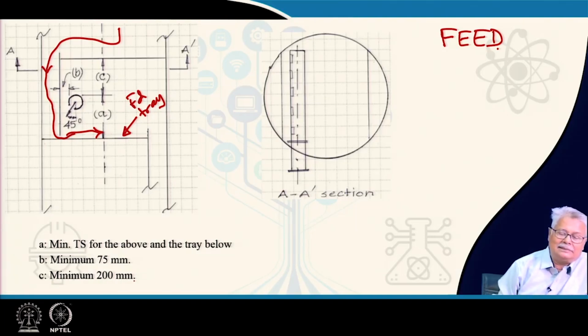Why? It would avoid splashing and generation of fine liquid droplets which may get carried over with the gas. The liquid here will definitely be joining this liquid, and in case there is some vapor coming in, it will also be going up. So, this acts as a splash.